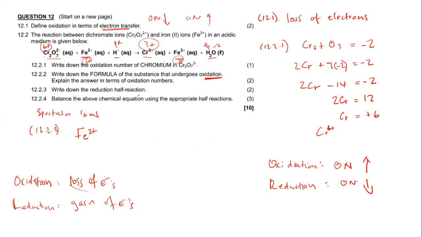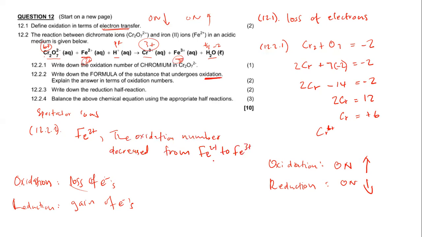And they say explain in terms of oxidation number. You're going to say it undergoes oxidation because the oxidation number of Fe decreased, from where? From Fe2 plus ion to Fe3 plus ion.